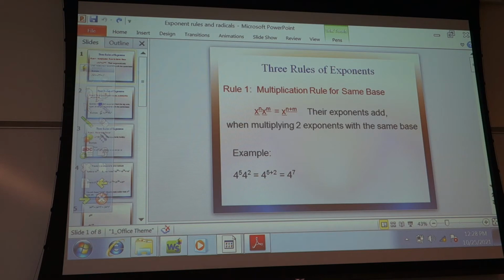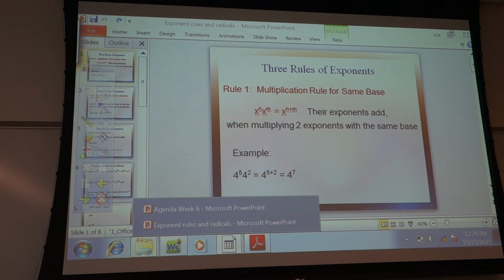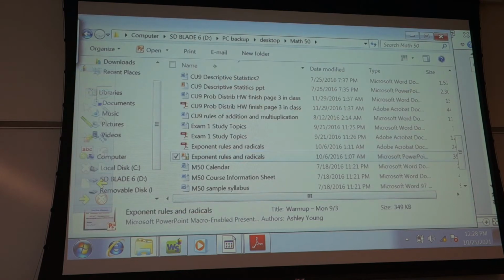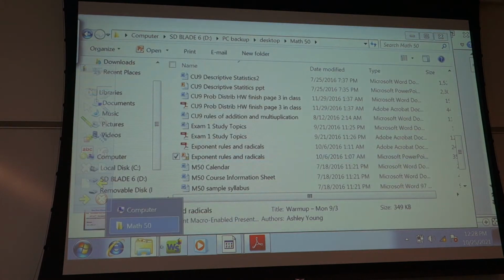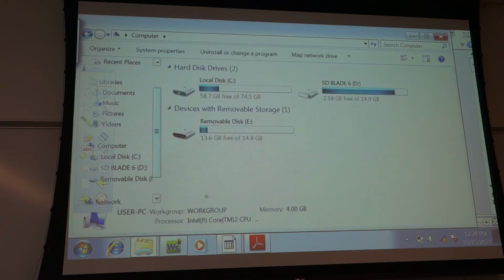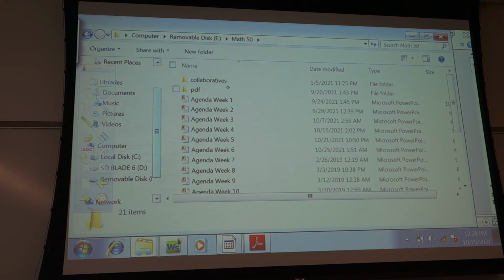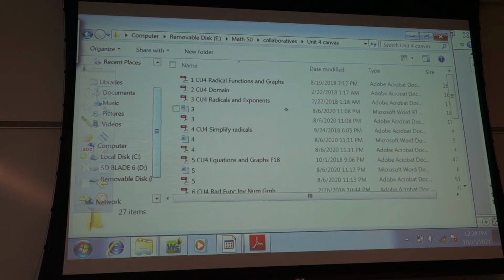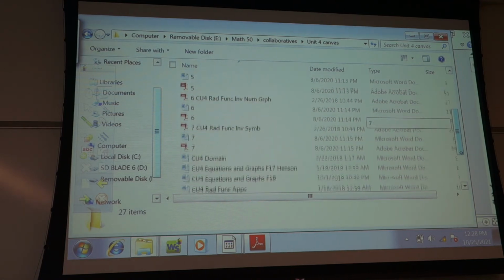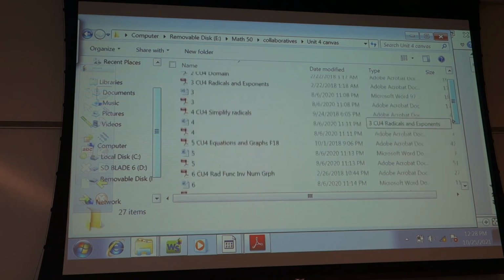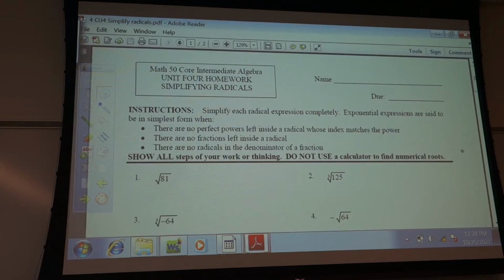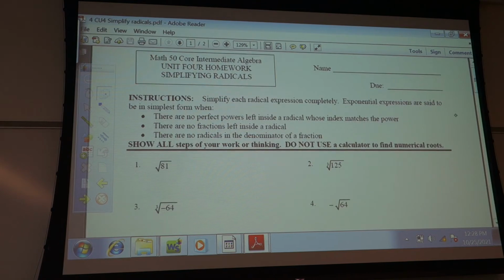The handout you should be looking at is our homework. Unit 4, homework, simplifying radicals. Yep, this one. We're going to take a look at this one right here.